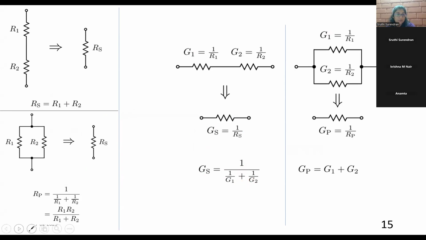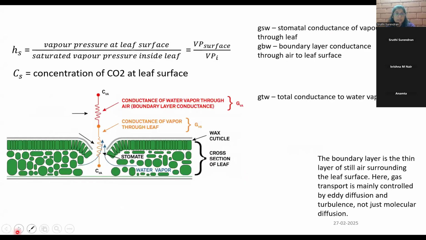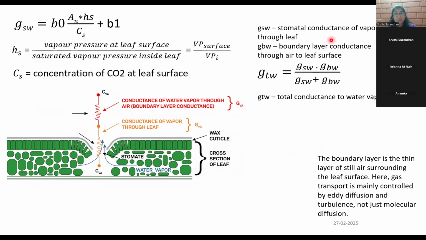So in our case also, we can do the same calculation for the boundary layer conductance and the stomatal conductance. In that case, if GSW is the stomatal conductance of vapor through the leaf, that is, whatever vapor is going out from the inside of the stomata to the leaf surface, and boundary layer conductance is given by GBW, then the total conductance will be this value.